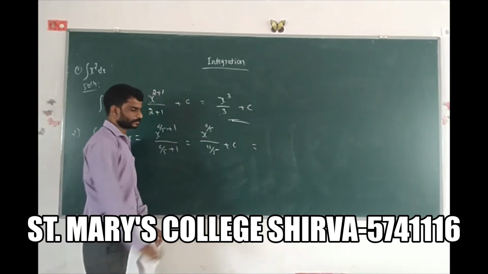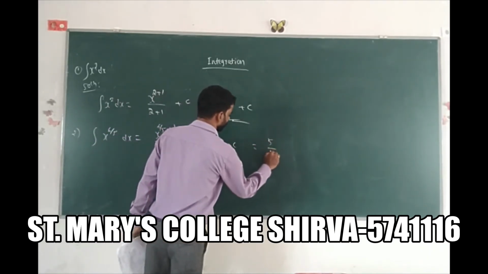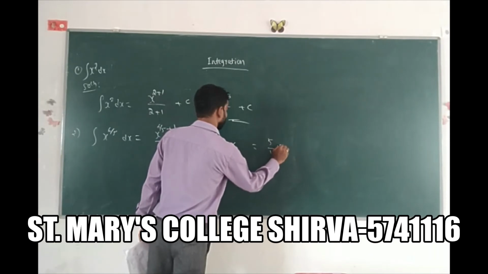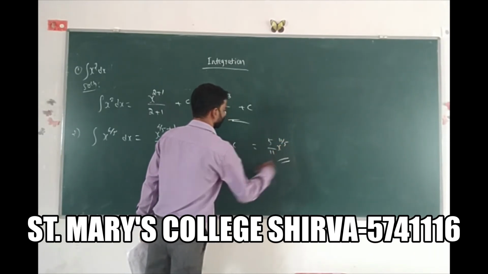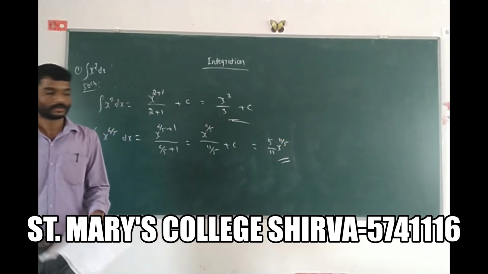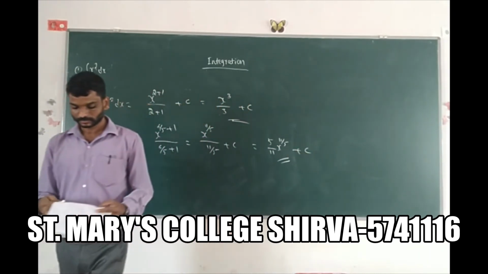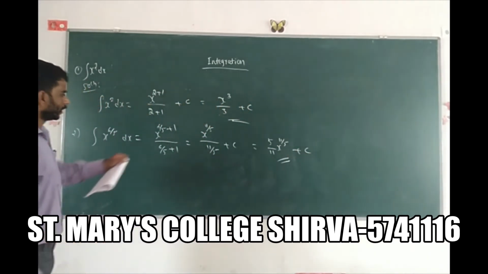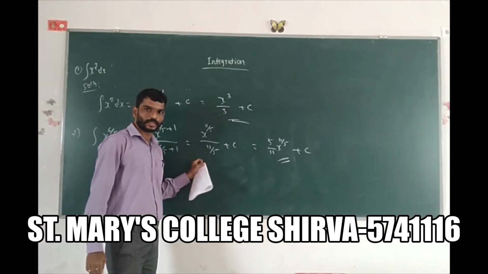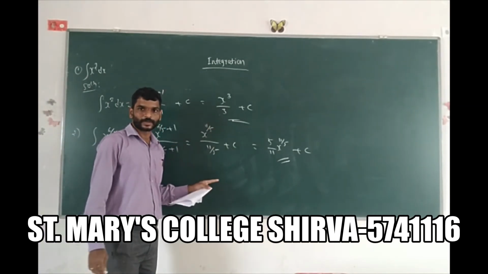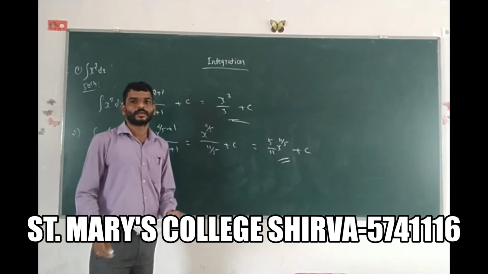The answer is 5 by 11 x power 11 by 5 plus c. The denominator 11 by 5, if you bring it to the numerator, becomes 5 by 11.